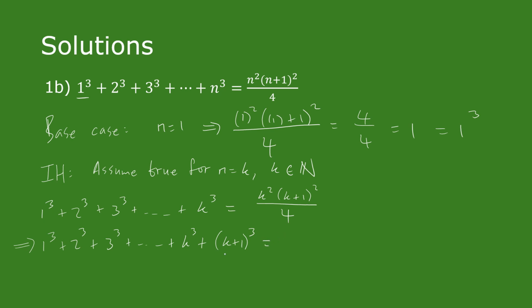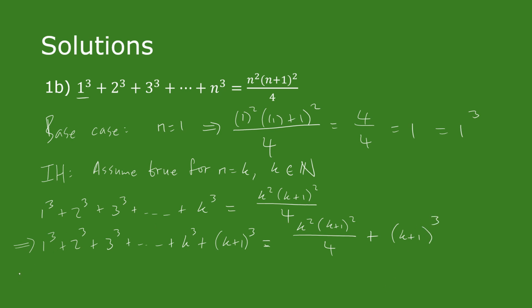But whatever we do on the left hand side of the equal sign, we must do on the right hand side. So on the right hand side we have k squared times k plus 1 squared over 4. And then we need to add this k plus 1 cubed.